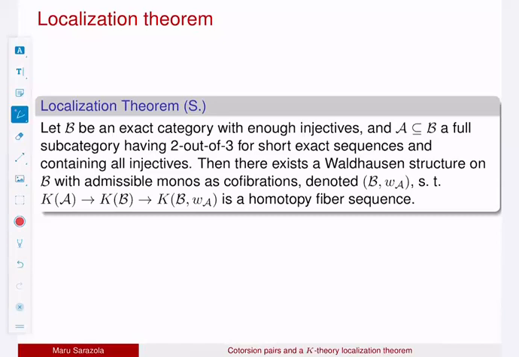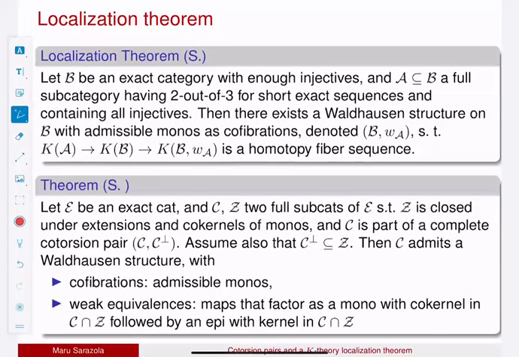So let me give you a sketch of how this result is proven. And we're going to see that really most of the heavy lifting is going to be done by our previous theorem, the one that gives us a machine for producing these Waldhausen categories. So I'm just going to copy the statement of the previous theorem right here.